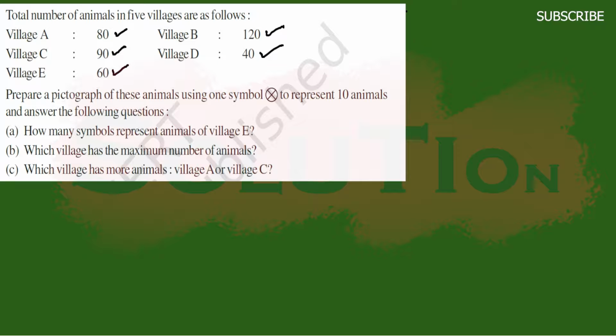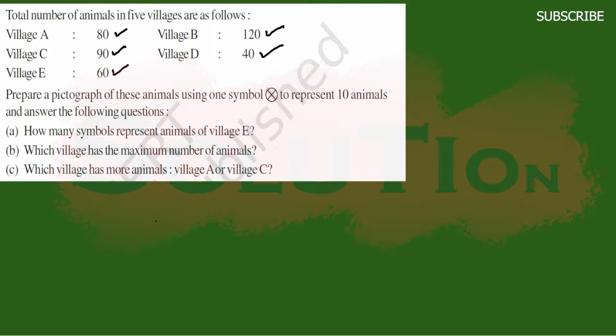It is very difficult if we start representing the data with the help of tally marking, because representing 120 or 40 is very difficult. So using one symbol, this symbol is given to represent 10 animals, right?